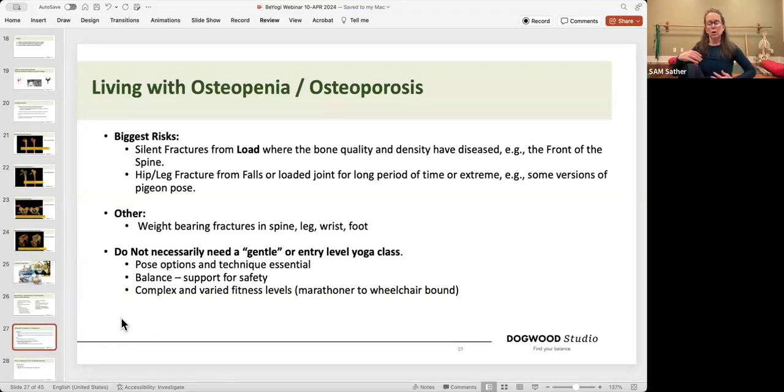So someone flexing and loading and sitting close to the ground is the highest load. And again, most people with osteoporosis don't know they have it. It's a silent disease until it's advanced, and then there's lots of pain and maybe a kyphotic curve, for example.